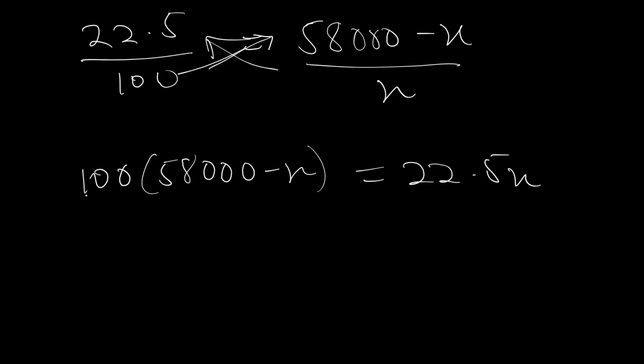So when 100 multiplies 58,000, we have 5,800,000 Ghana cedi minus 100x is equal to 22.5x.